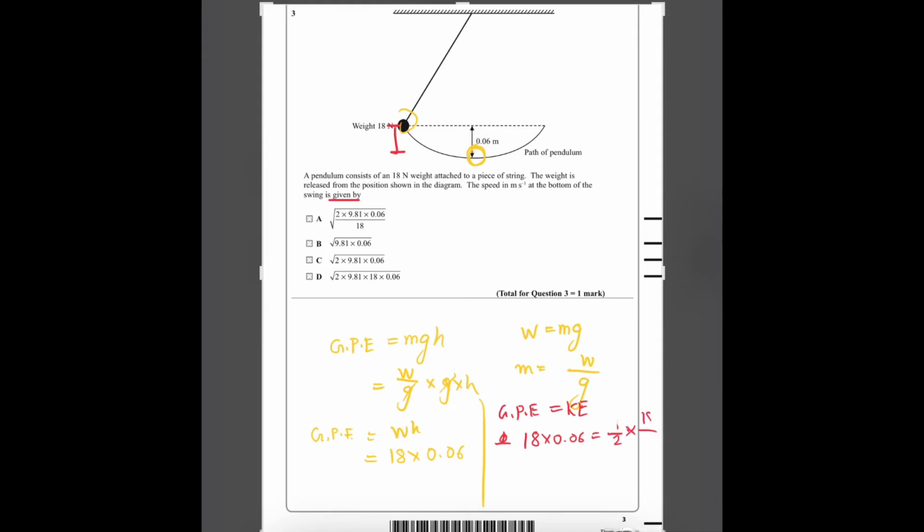So 18 by 9.81 into v squared. These 18 and 18 cancel out. So we have 0.06 into 2 into 9.81 equals v squared. So v would be equal to root over 0.06 into 2 into 9.81. So the answer to this question is C.